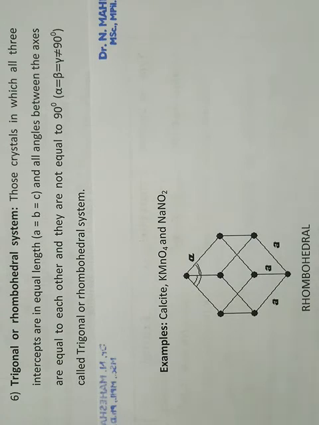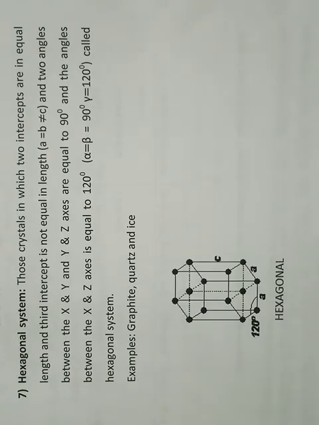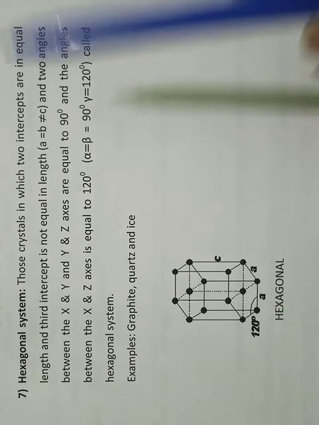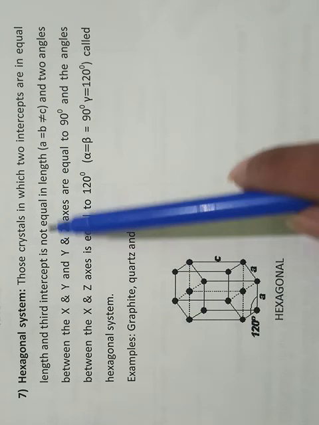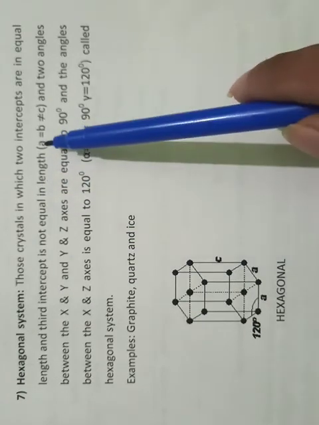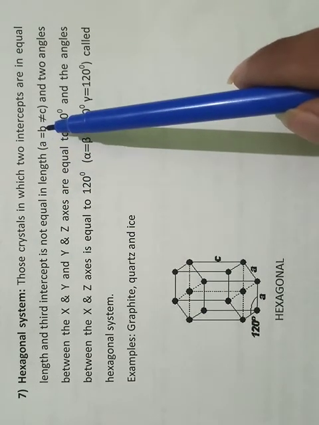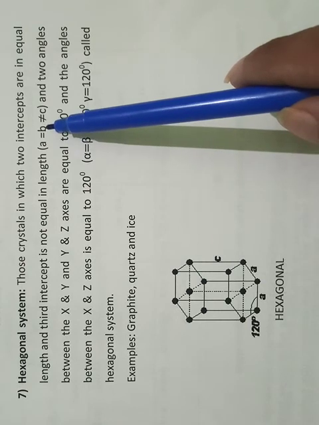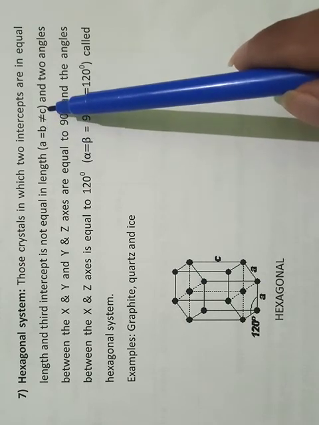The next one is the hexagonal system, the seventh system. In the hexagonal system, two intercepts are equal in length, and the third intercept is not equal in length. That is, intercept a is equal to intercept b, and intercept b is not equal to intercept c.